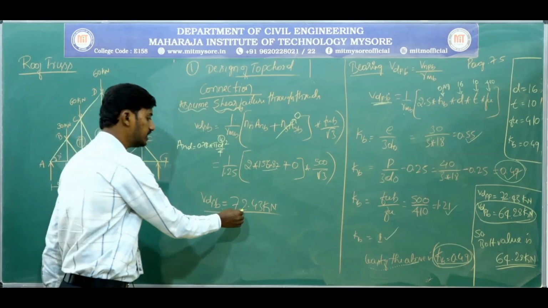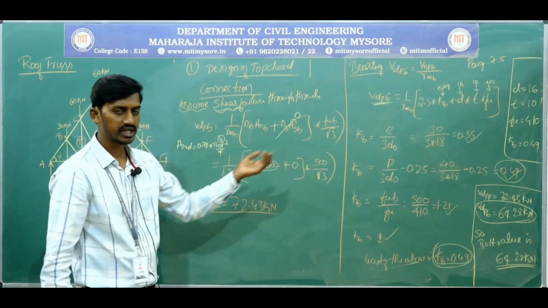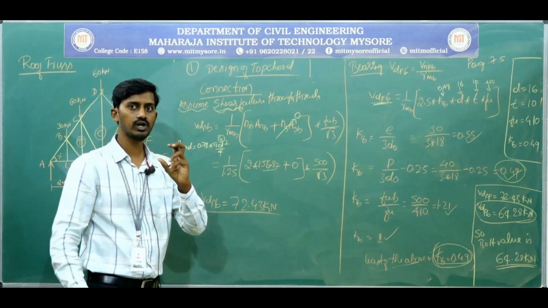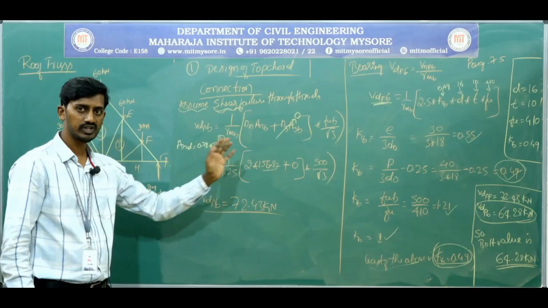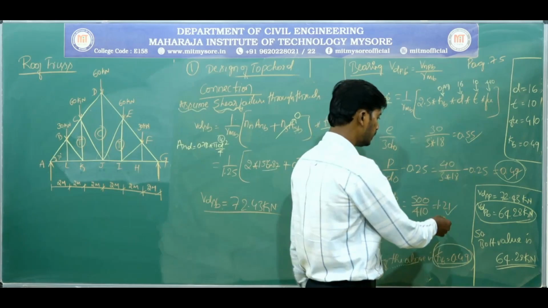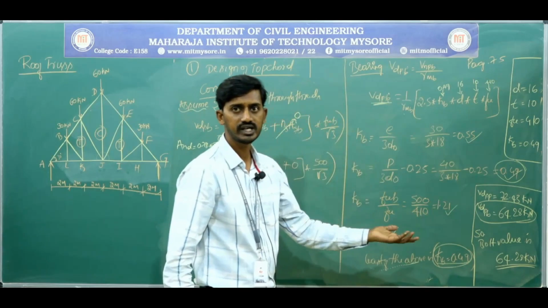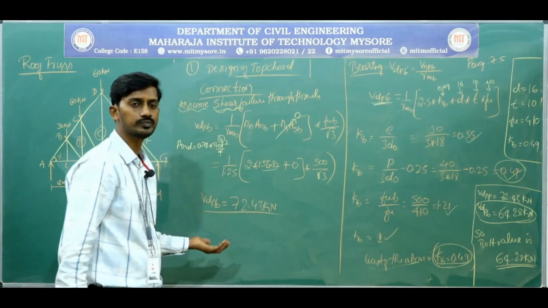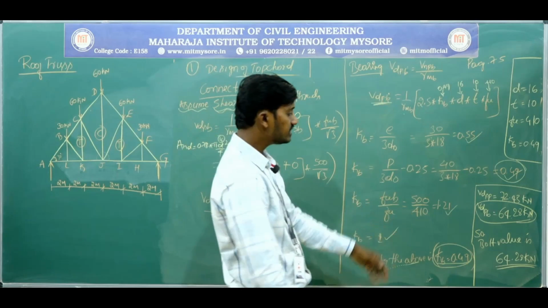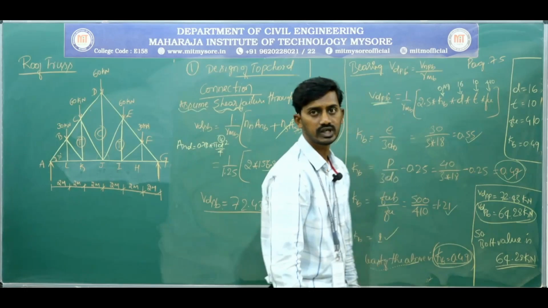We got 72.43 kilonewton. So out of shear and bearing, what is the strength of the bolt? Obviously the least of these two will be the strength of the bolt. So the least of these two is 64.28, that is, the bolt will fail in bearing rather than shear. So let us consider the bolt value as 64.28 kilonewton.